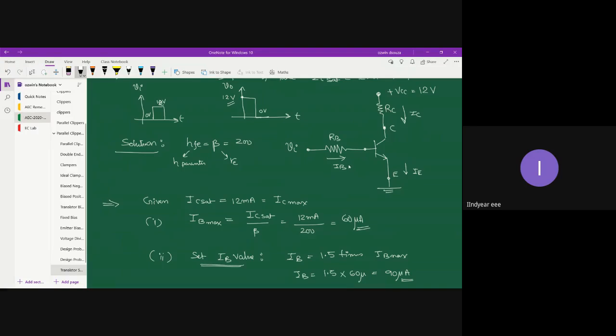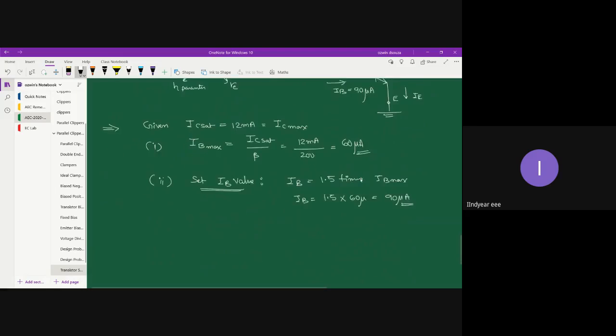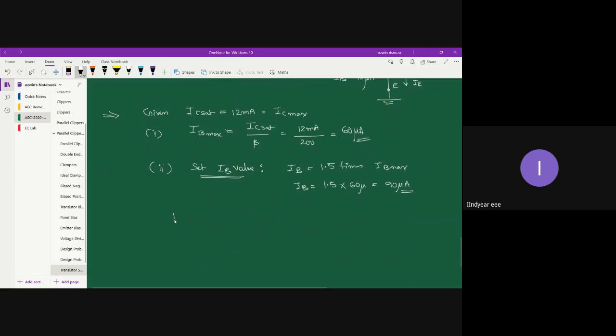So what you are trying to do is circulate 90 microamperes of current through the base terminal by appropriately selecting the RB value. So we can find the RB value. Resistance RB is equal to the difference in potential, VI minus VBE, divided by IB.